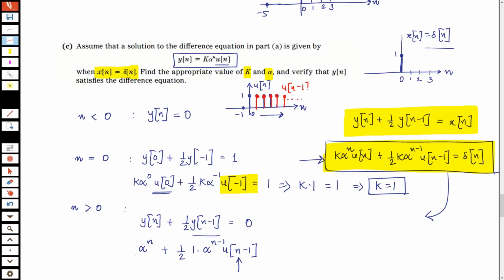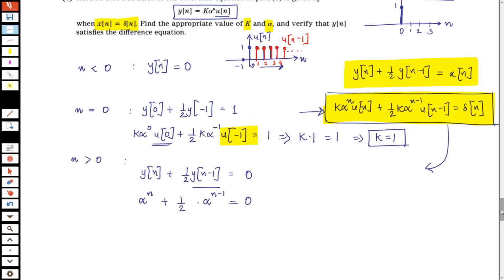Since we are talking about n greater than 0, that means n equal to 1 onwards, we know that this term is still equal to 1. So this is basically the relationship we've got.